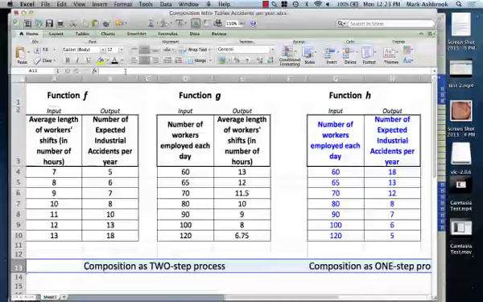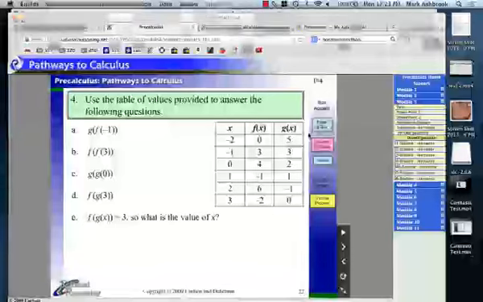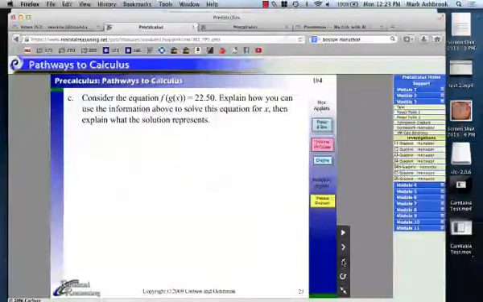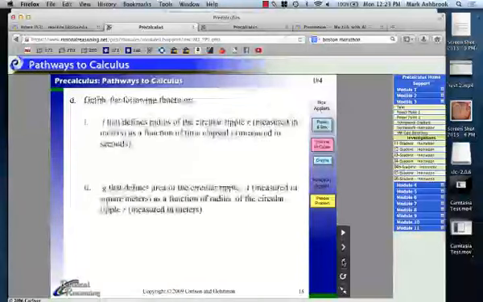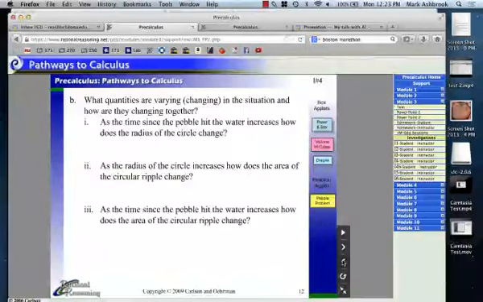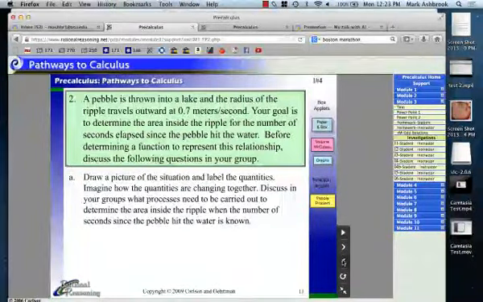Okay, so now I want you to flip back one page. And we're going to look at number 2. So this is talking about two functions. It's talking about a situation. You drop a pebble in the lake.